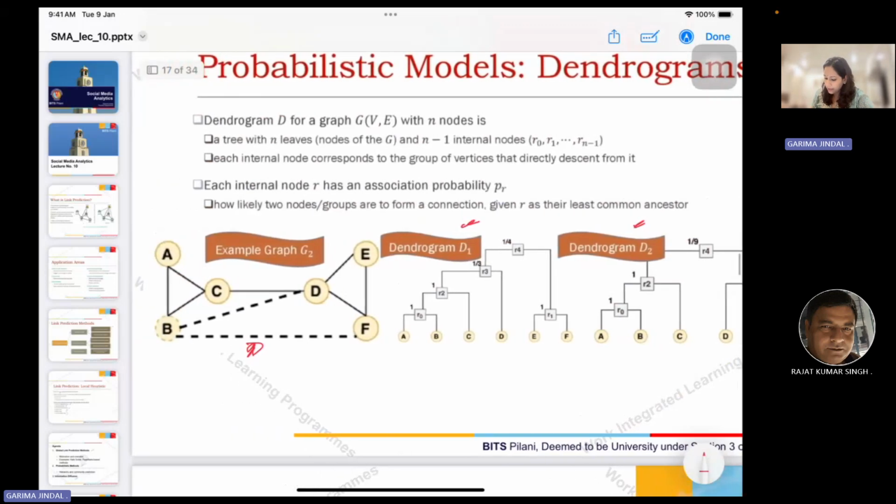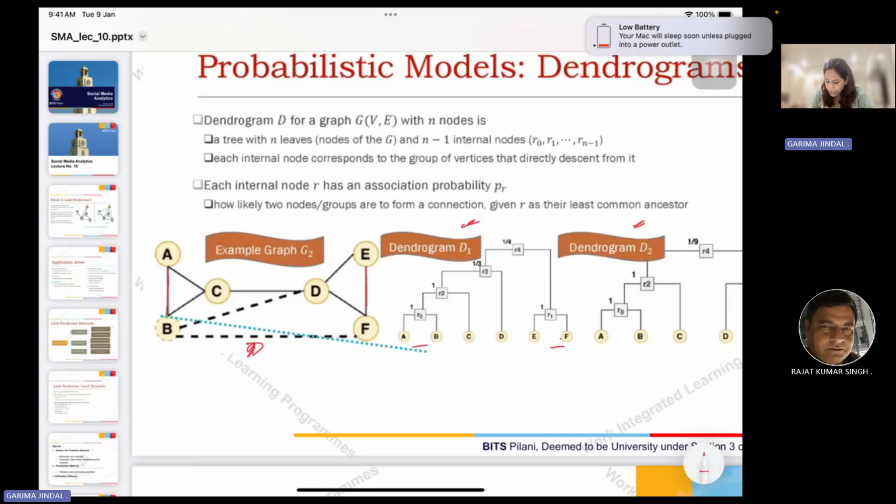So here we initially assume that A, B, and E, F were the two edges that initially formed. This can be based on the edge weights, on some node properties, or on some other heuristics. So A and B connect first, and E and F connect first.